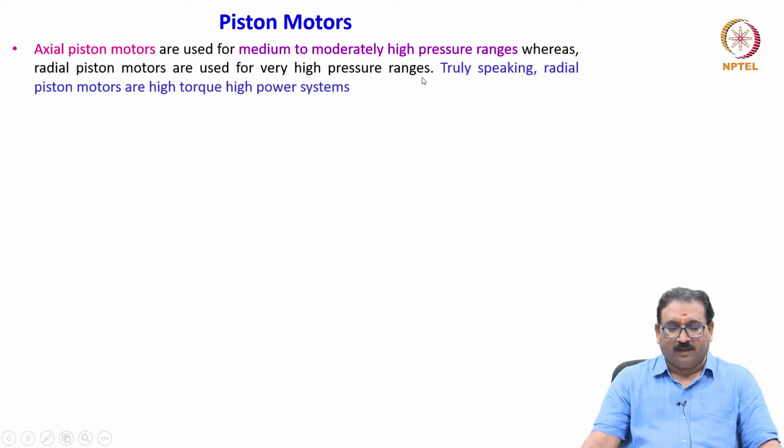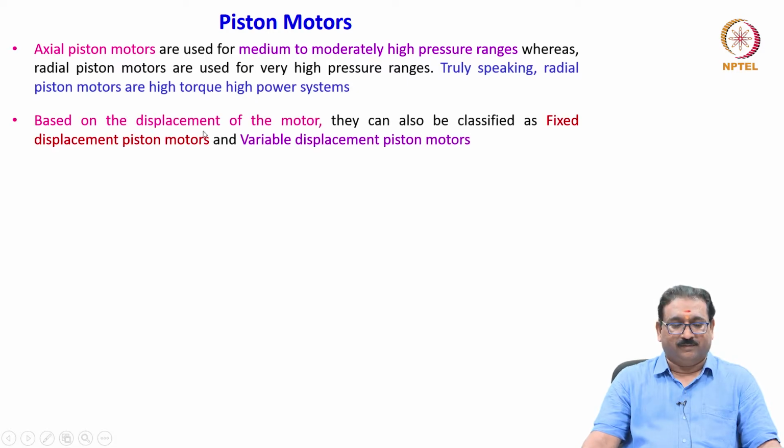Truly speaking, radial piston motors are high torque, high power systems. Another classification is generally seen based on the displacement of the motor. They are also classified as fixed displacement piston motors and variable displacement piston motors.